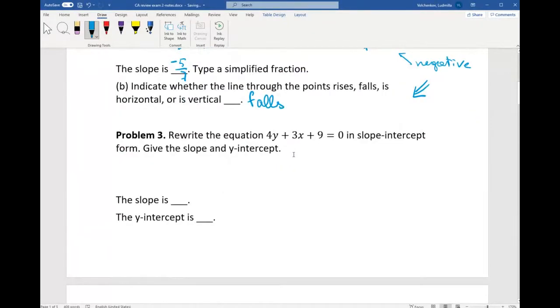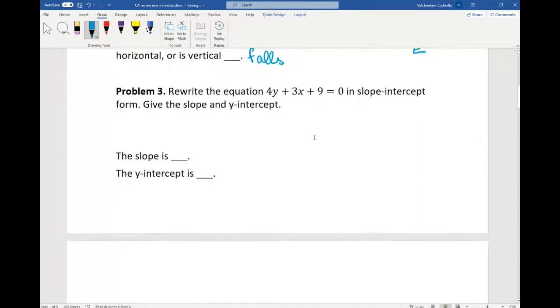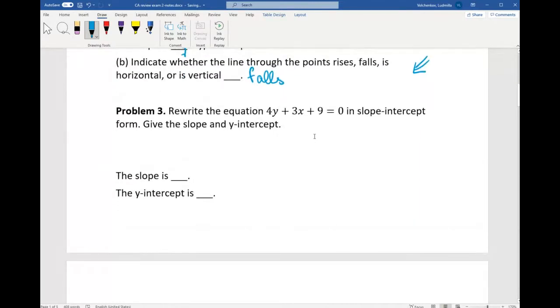The next equation, also an equation of a line, since all the terms are linear terms: 4y plus 3x plus 9 equals 0. Rewrite in slope-intercept form, give the slope and the intercept. It means we must solve the equation for y. So 4y plus 3x plus 9 equals 0.